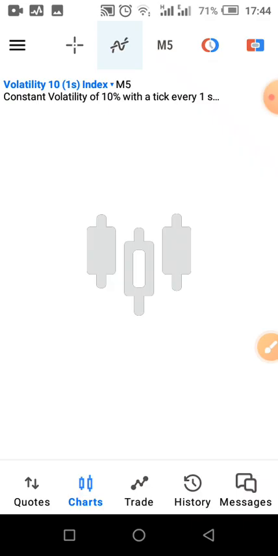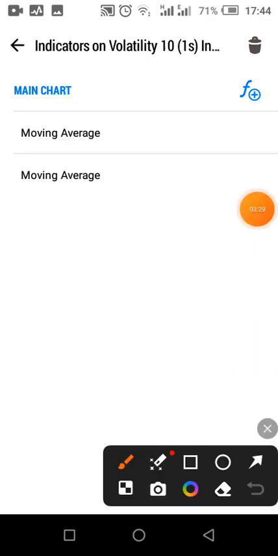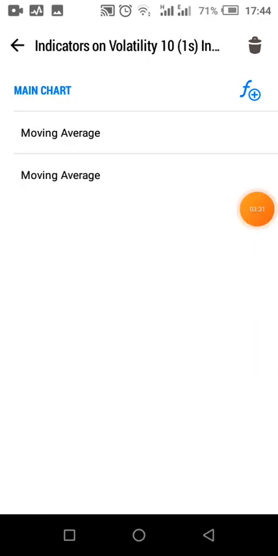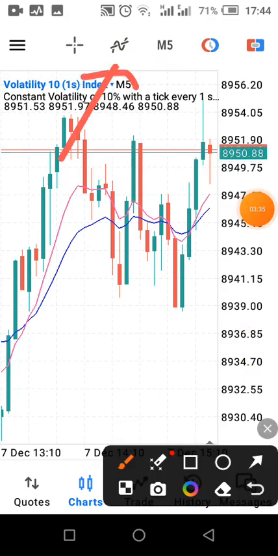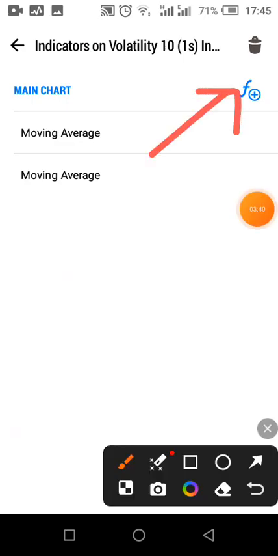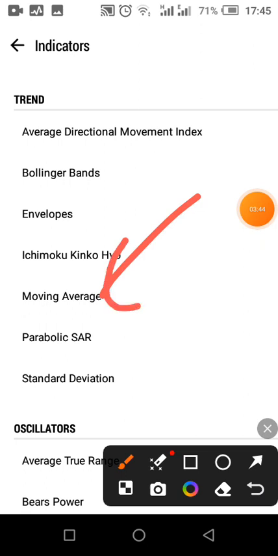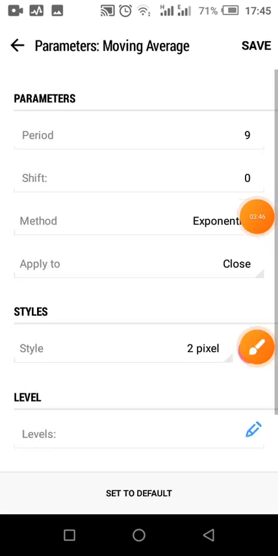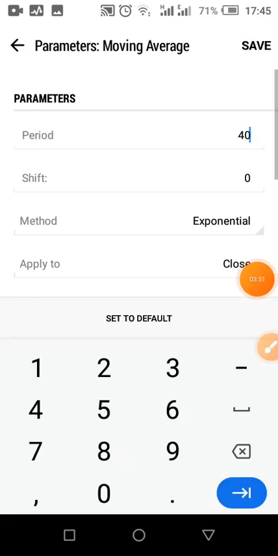Now, in case you are someone who's new to my YouTube channel, for the moving averages, from the beginning you would come to your indicators icon on the top of the chart there, then functions for you to add another one, and then moving average. So if I were to type the 40 exponential moving average, it's just 40 there.